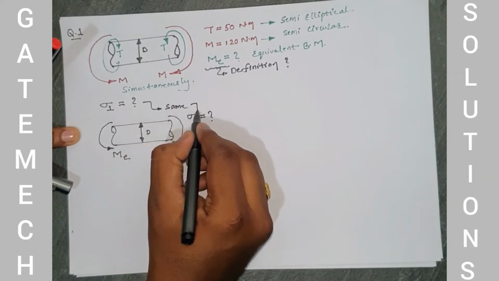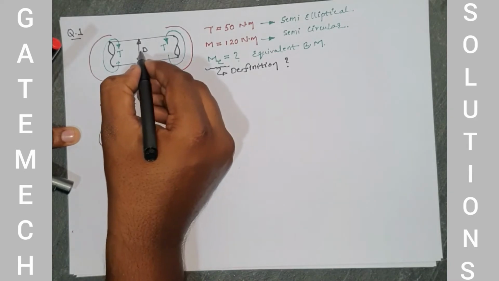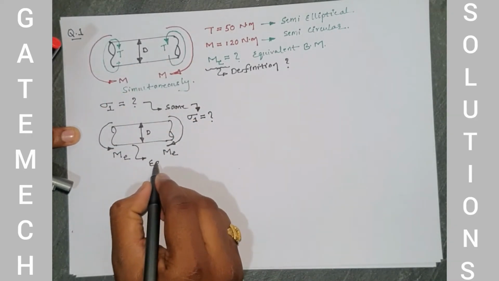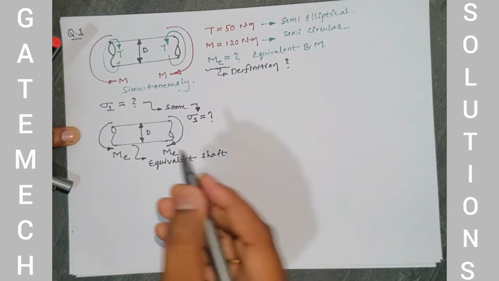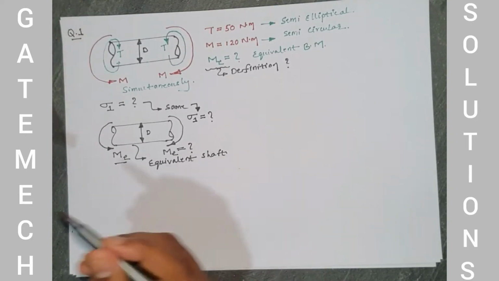Same. Then only we can call this shaft an equivalent shaft. And this can be called the equivalent bending moment.